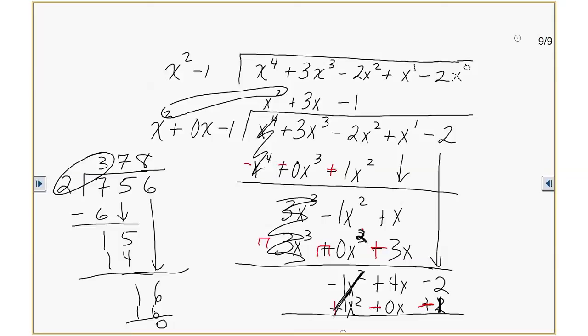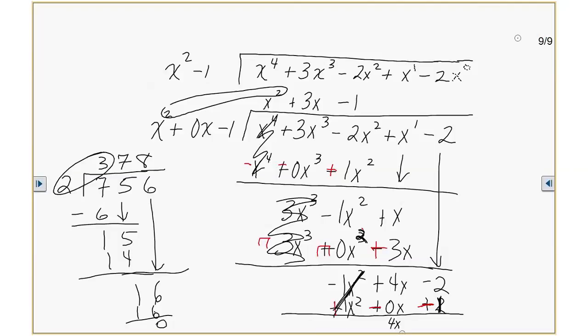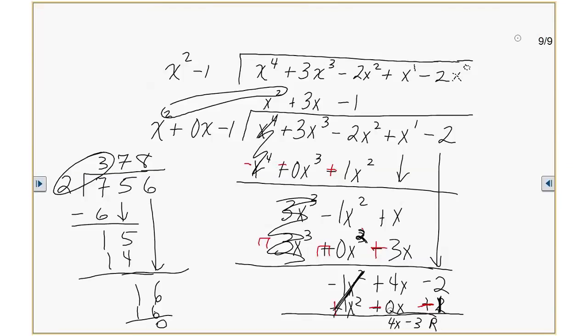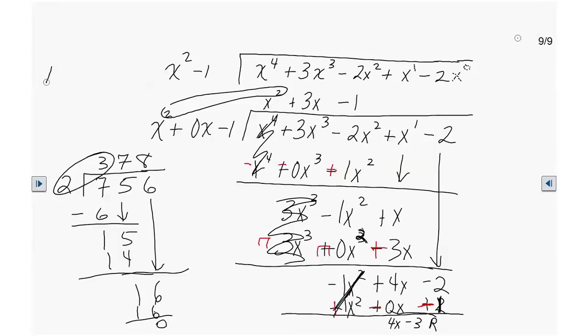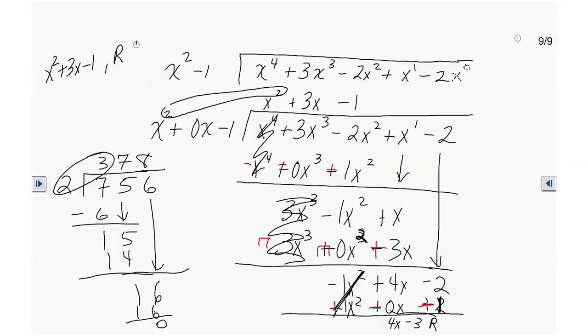4x plus 0x is 4x. And negative 2 minus 1 is negative 3. Remaining. So you could write this as x squared plus 0x minus 1 will go into this: x squared plus 3x minus 1 with a remainder of 4x minus 3.